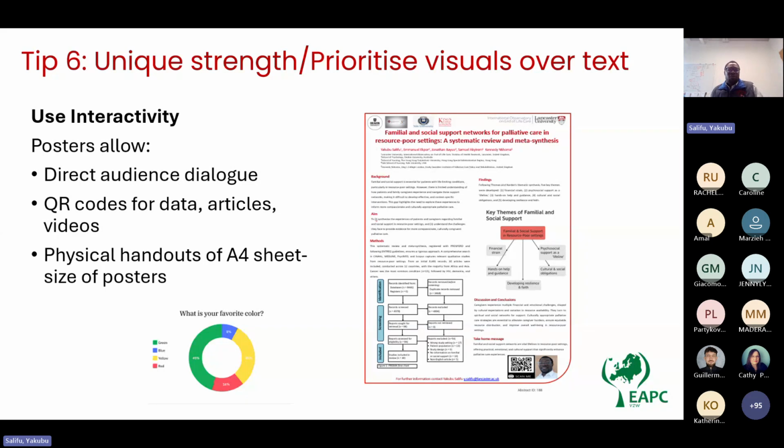You may also want to present some avenues so that people who are very busy can read the poster later on. So do you have any QR code that people can scan and go and sit somewhere as they have their lunch and read through? Do you have some physical handouts for people to take along and read?